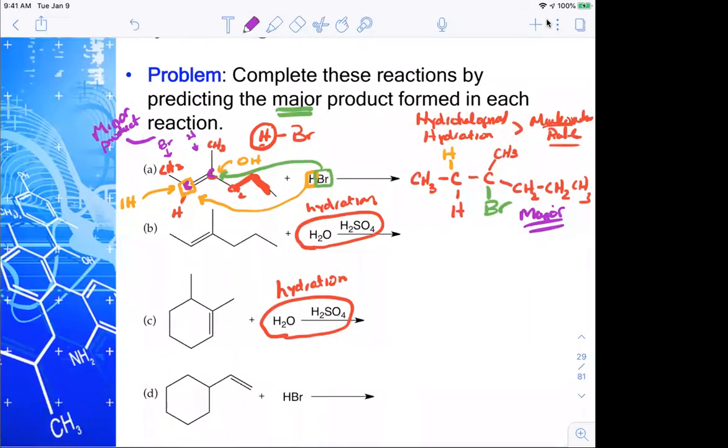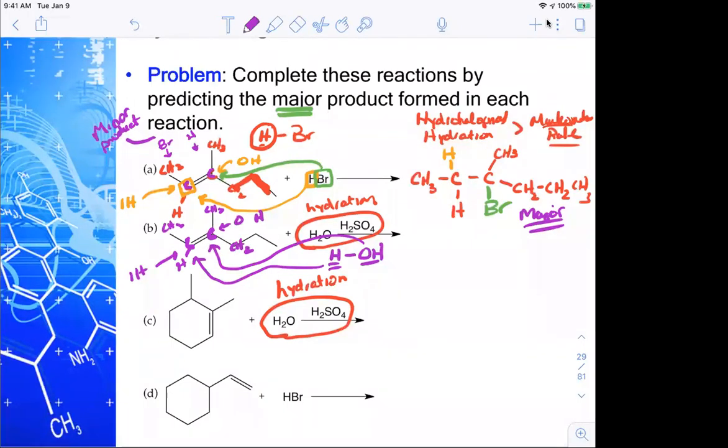Well, notice that this is also going to happen if my reagent is water. I have H and an OH. So again, this carbon has one hydrogen because it's the same identical substance. This carbon has 0 hydrogens. So I'm going to end up with this ending up on that carbon and this ending up on that carbon.